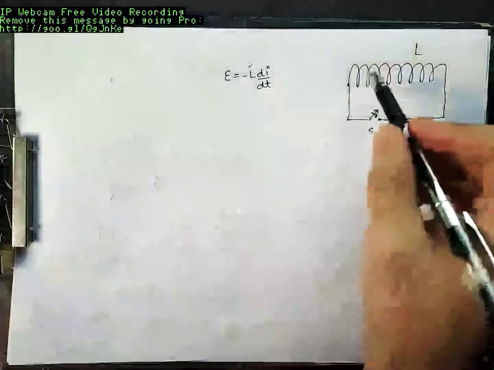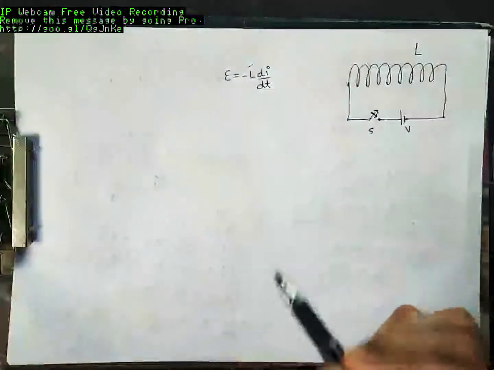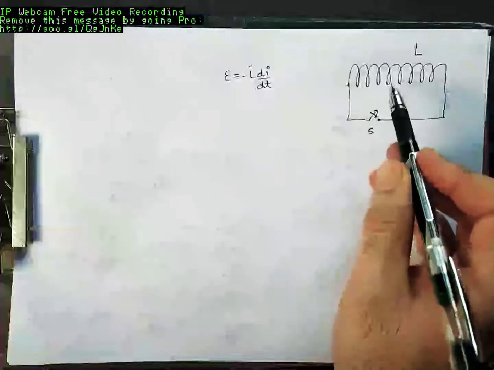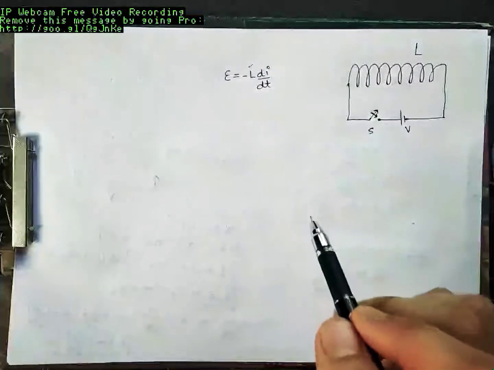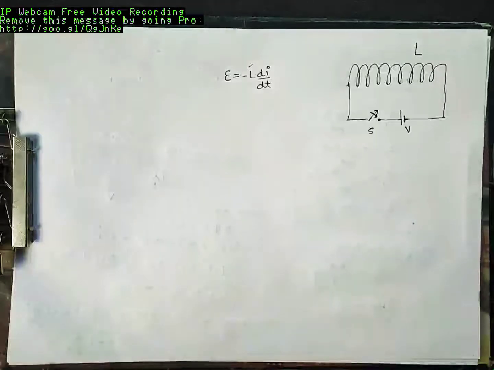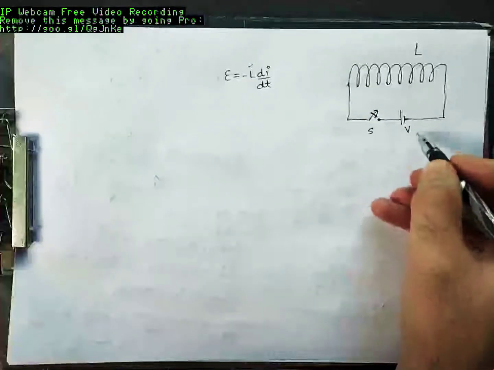So voltage will be such that it will oppose the current. What is happening to current? Current is increasing. So there will be a voltage that will try to oppose the current. That will not allow this current to increase. Then how does this current increase? Because of the voltage source.